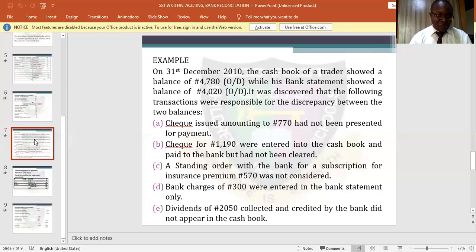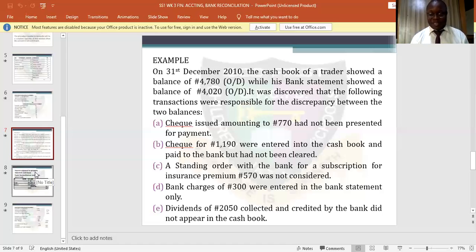Then let us reconcile the two accounts, the adjusted cash book as well as the bank statement. At the end of the day, we are still going to have a combination account, that is a consolidation account. Consolidation account simply means the two accounts, the adjusted cash book as well as the bank reconciliation statement, we combine them, and at the end of the day, we are still going to arrive at the same answer.